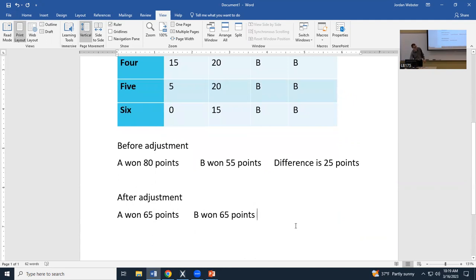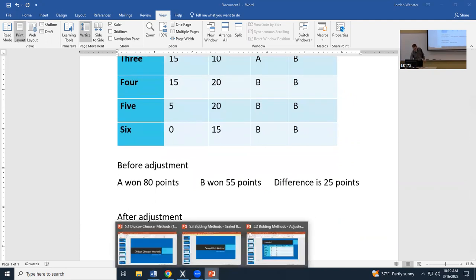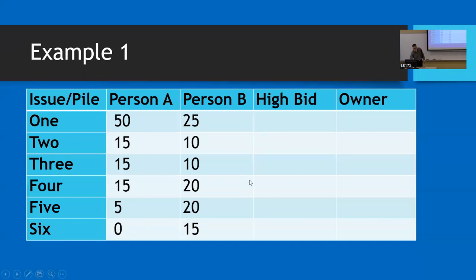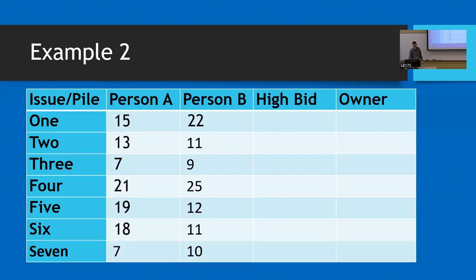Does that make sense? So it's advantageous compared to the divider chooser method. I want you to try that same process on your own in example number 2.